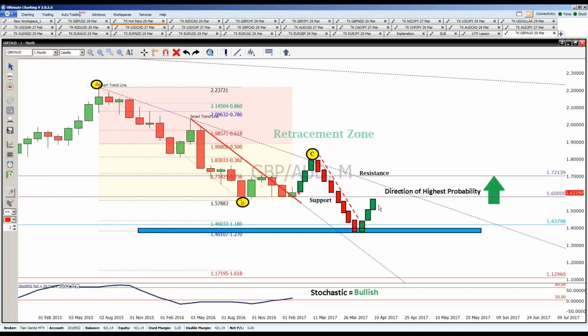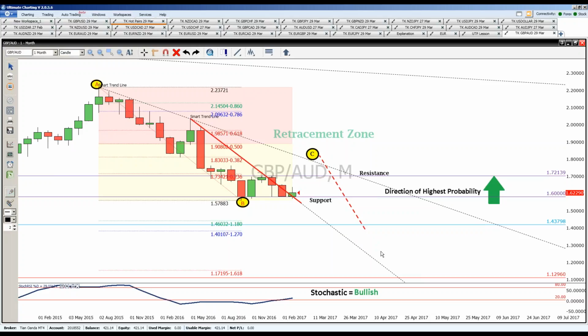Good. Right, so let's remove all of this now. We have established, according to our analysis now, on the monthly chart, that we have support at the 1.6 figure. We've broken a counter trend line, therefore we're heading towards the outer trend line, and that means we have a bullish probability.